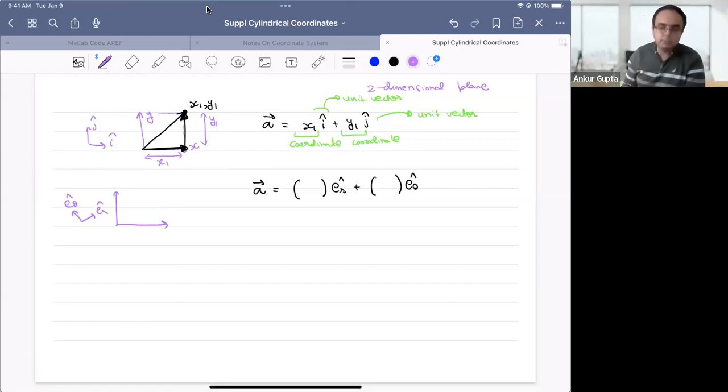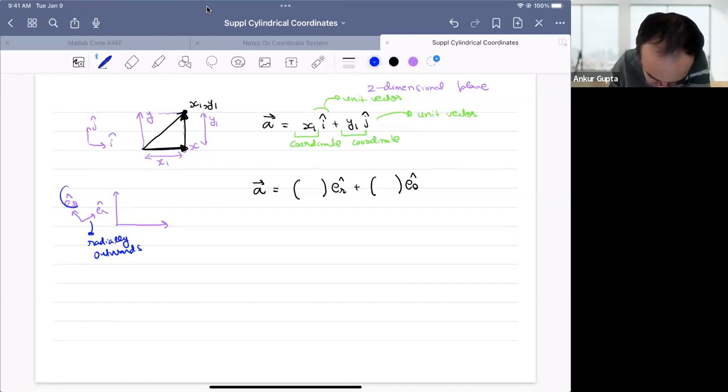The first thing to remember is that e_r is radially outwards, and e_theta is perpendicular to this vector.